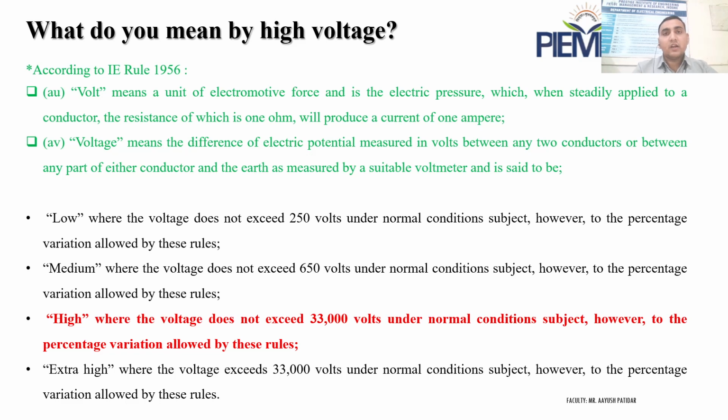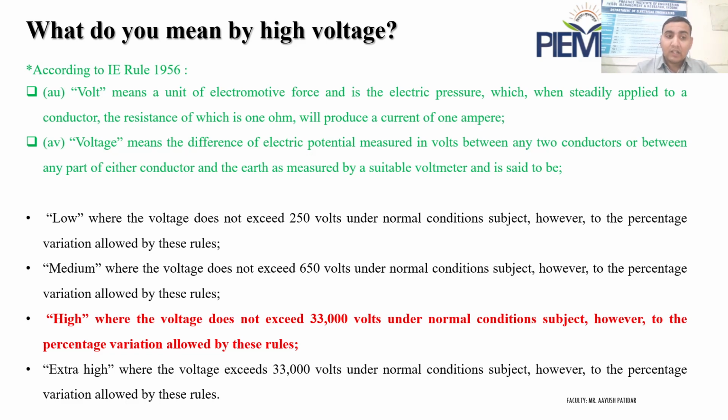They consider a definition for voltage and define the volt, which is the SI unit for electromotive force. Voltage is the difference of potential between two conductors carrying some current I. The rule defines low voltage, medium voltage, high voltage, and extra high voltage.